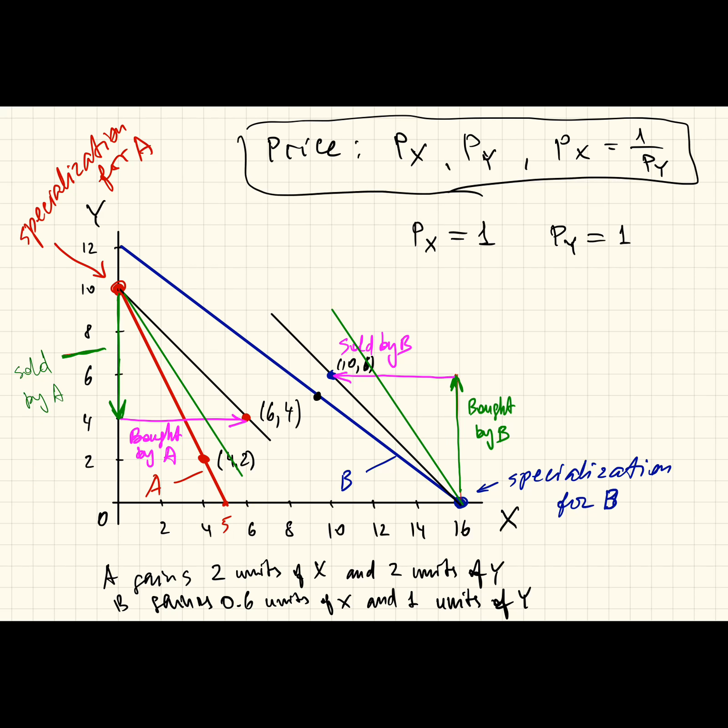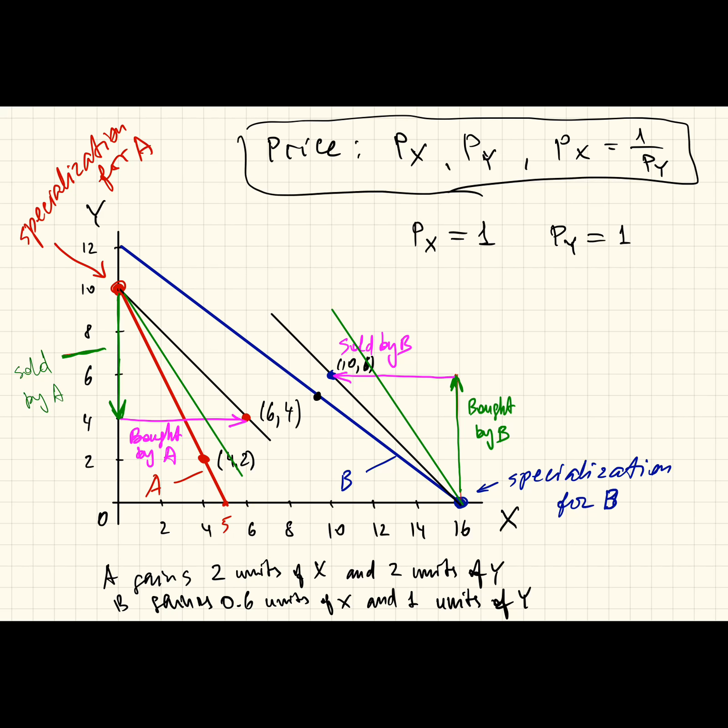So simply put, there is a limit for the price of each good that people would agree to go with, because clearly if we keep pushing the price of good X higher and higher, at some point this trading line for person A is just going to merge with his production possibility frontier.